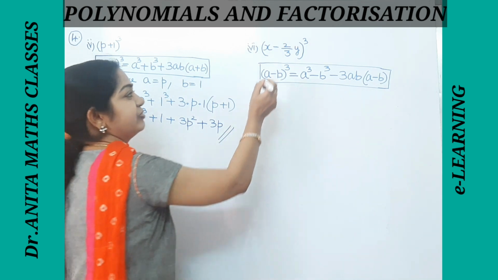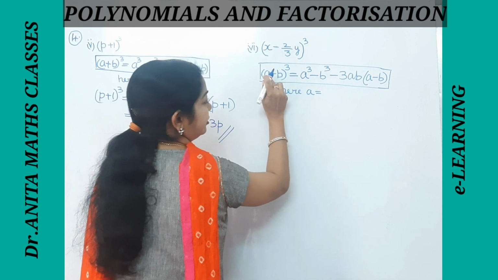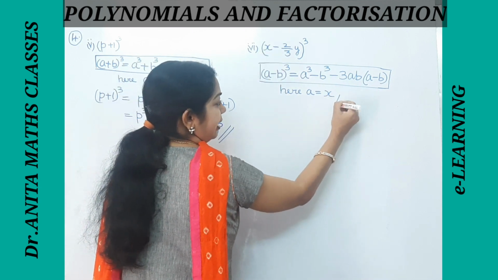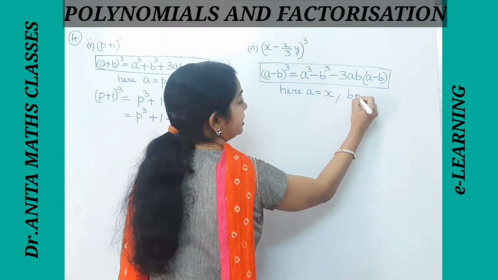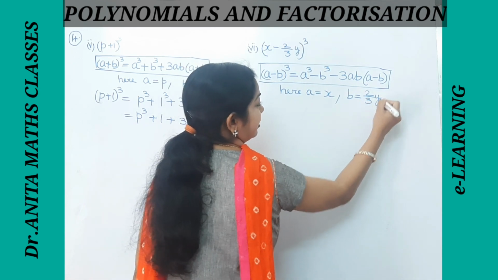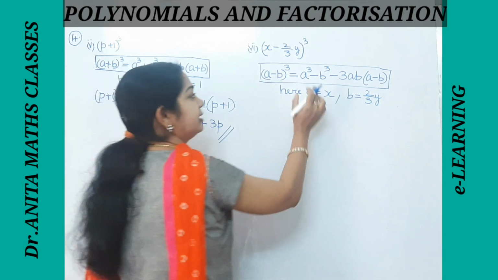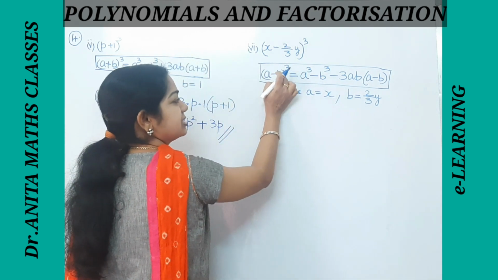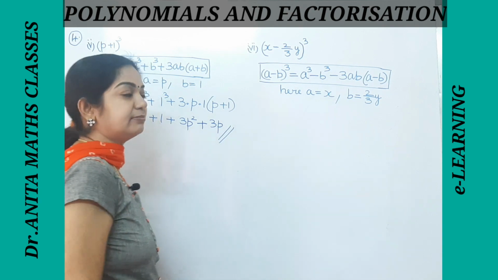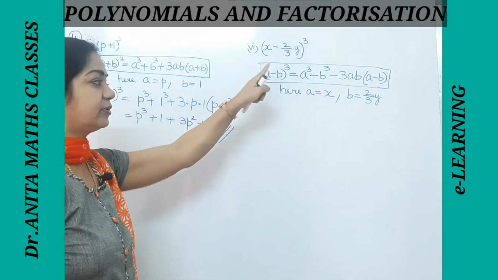Now here in the problem, what is our a value? The a value is x, whereas the b value is just 2 upon 3y. We are not taking the negative one because in the formula itself we have the negative, that is minus. So b is just this complete thing, 2 upon 3y.